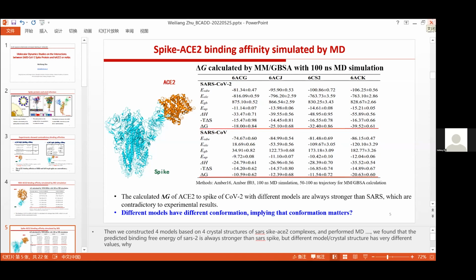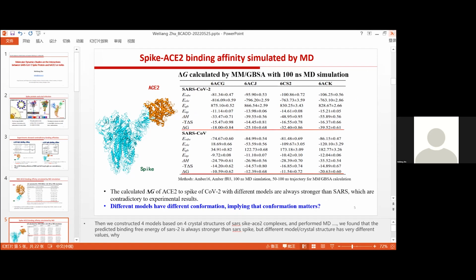This is very complicated. I think it's strongly related to the druggability of the compound, the small molecule, especially the ADMET properties.